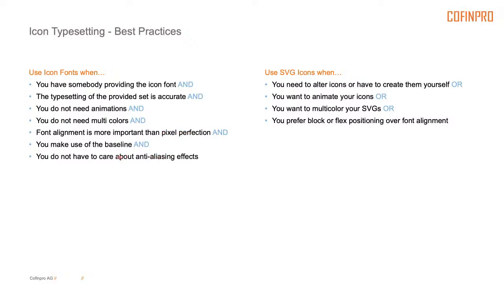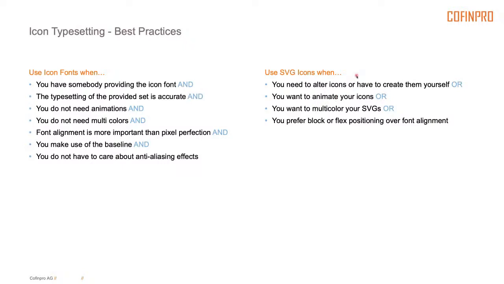Also, you should take care of anti-aliasing effects, because browsers sometimes try to smooth out fonts so that they look better. But if you have an icon font, the browser will also try to smooth those characters, those icons, which might cause unwanted effects and unwanted blurs.